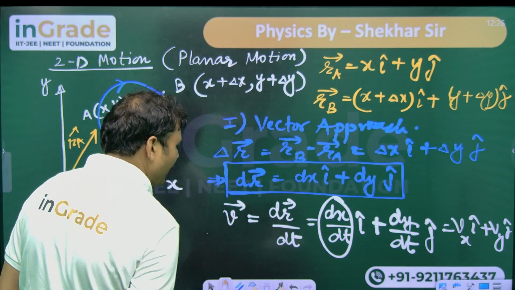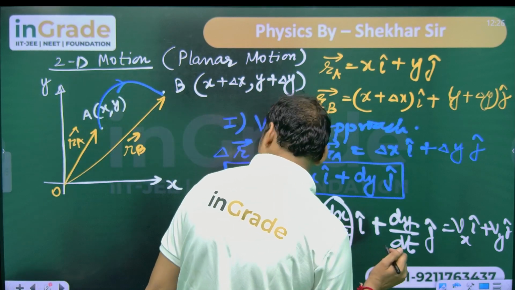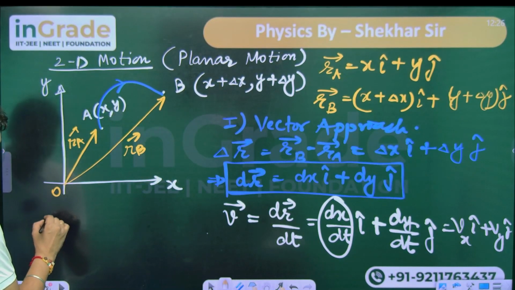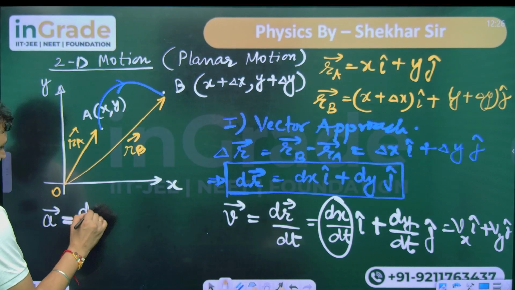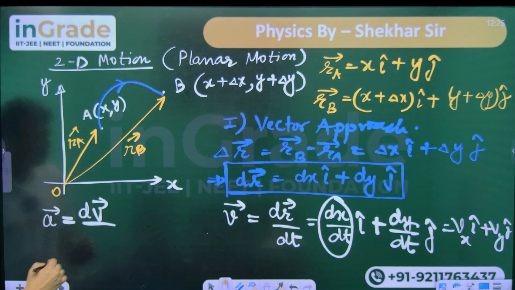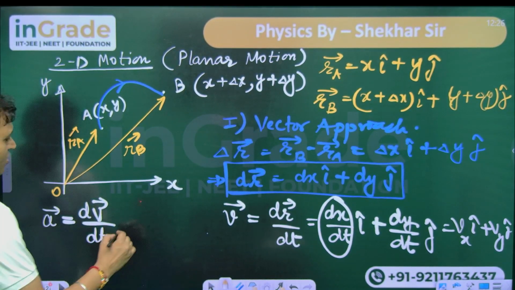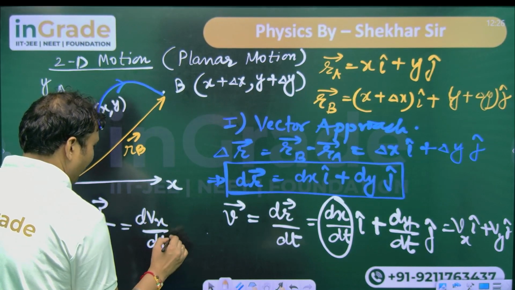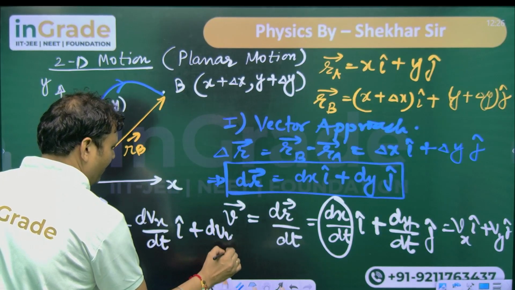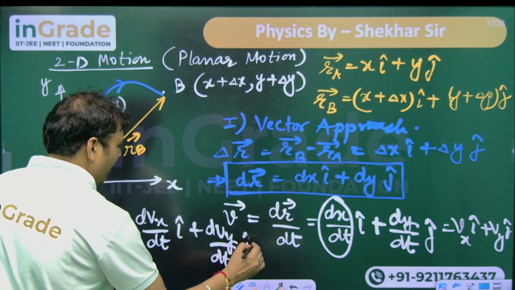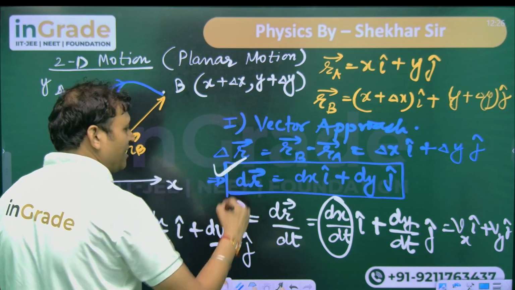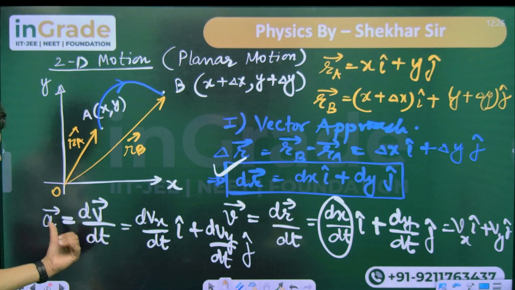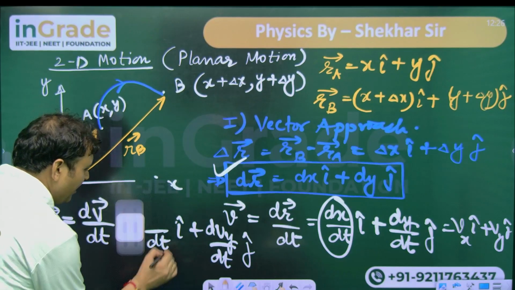Differentiating this velocity vector will give us the acceleration vector. Let me write it here. The acceleration vector is equal to the change in velocity per unit time, dv by dt, which can be written as dvx by dt i cap plus dvy by dt j cap. So we have calculated the displacement of the particle, the velocity of the particle, and the acceleration of the particle.